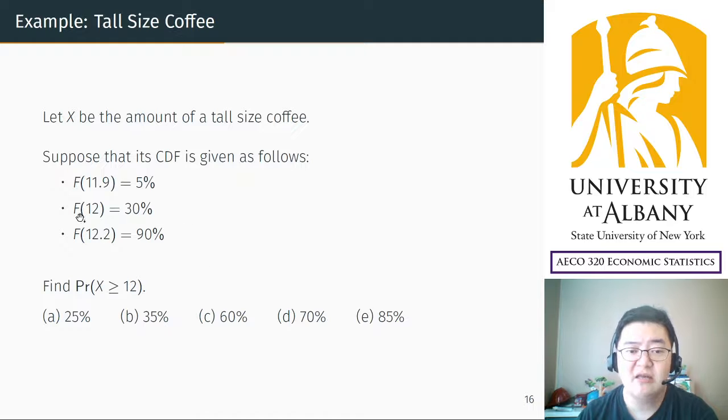The idea is that the probability smaller than 12 is 30%, then obviously the probability greater than 12 is 70%, right? That's how we utilize a cumulative distribution function.